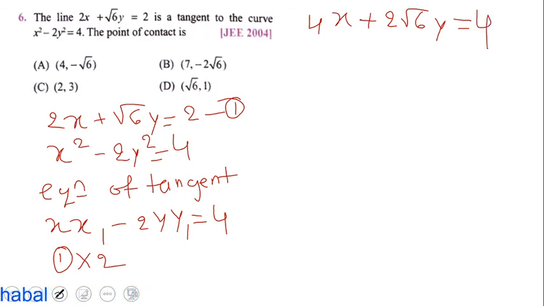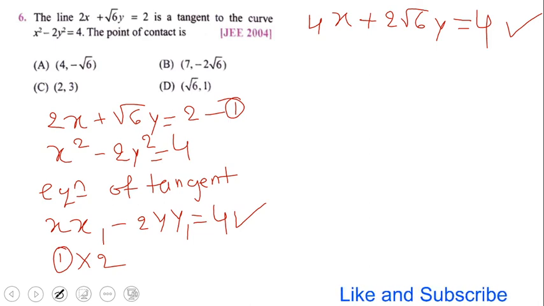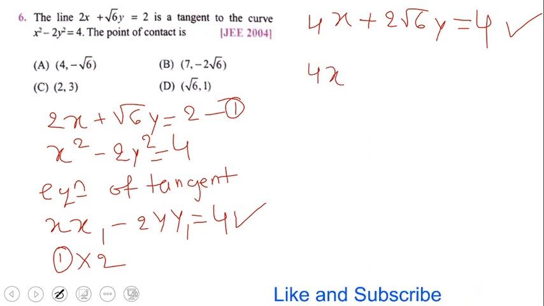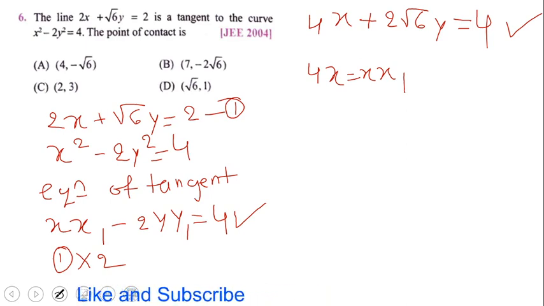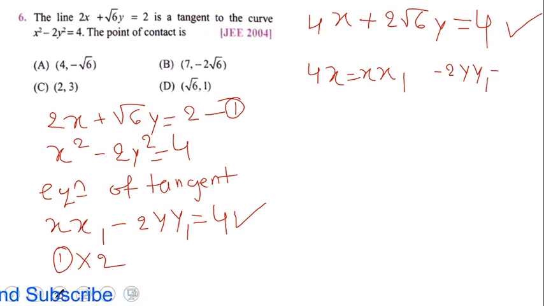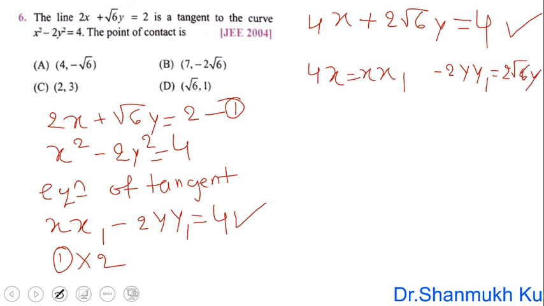Now look at this equation and this equation, the RHS are the same, so we equate the LHS. So we get 4x plus 2 root 6y equal to x x1 minus 2y y1.